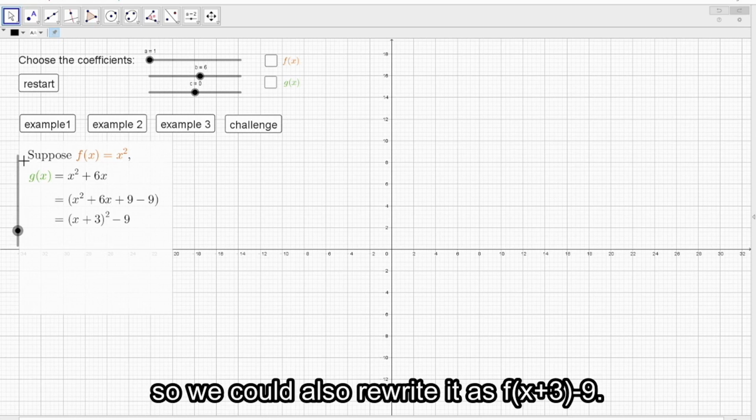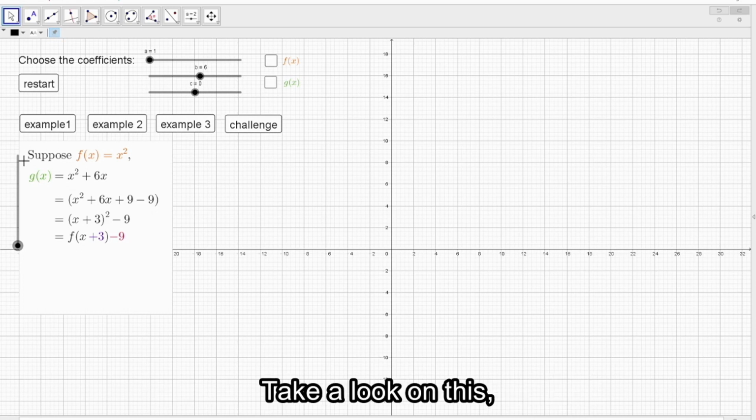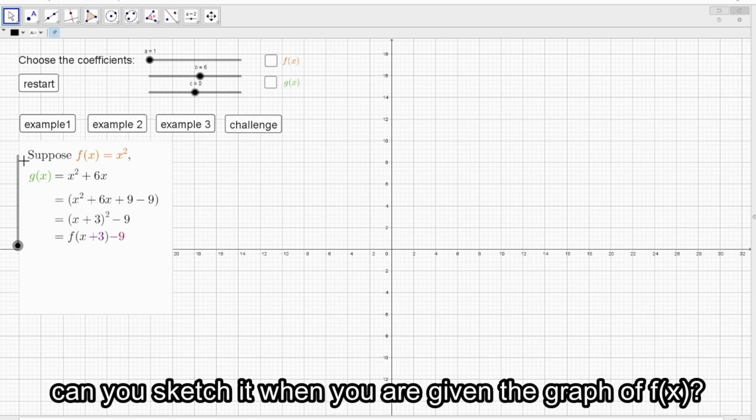So, we could also rewrite it as f of x plus 3 minus 9. Take a look at this. f of x plus 3 minus 9. Can you sketch it when you are given the graph of f of x?